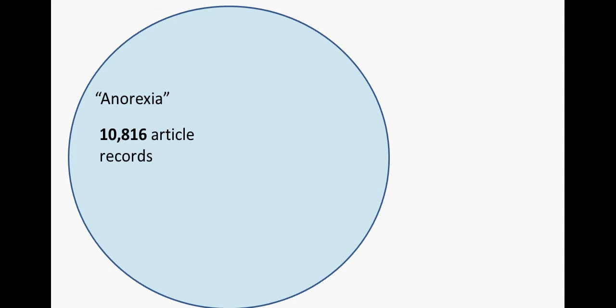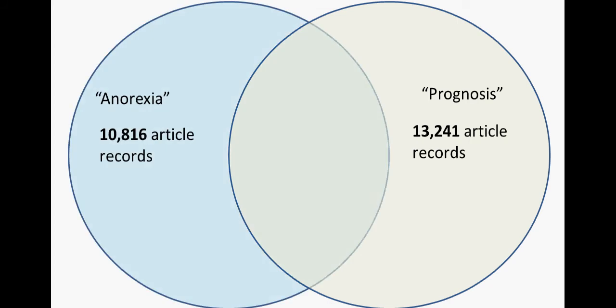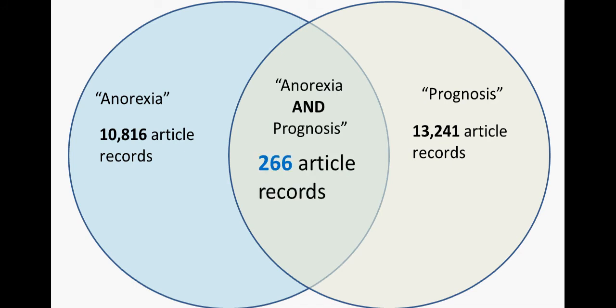If we search on the term prognosis by itself, a term that refers to predicting the course, duration, and outcome of a disorder, we find 13,241 article records. But if we join the two terms using the operator AND, anorexia and prognosis, we limit our search result to only 266 article records that contain both of these terms somewhere in the record.